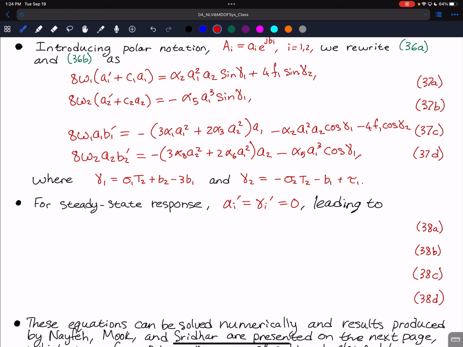All right, so under steady state, we're again going to set all of the A primes and all of the gamma primes, or this should say B primes, all of the B primes, those should be equal to 0.